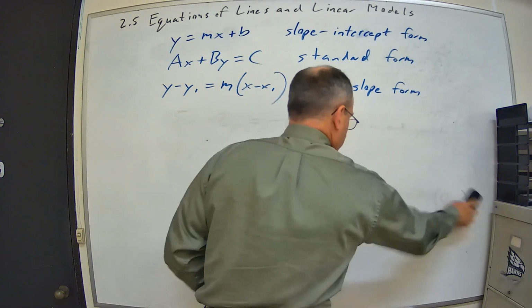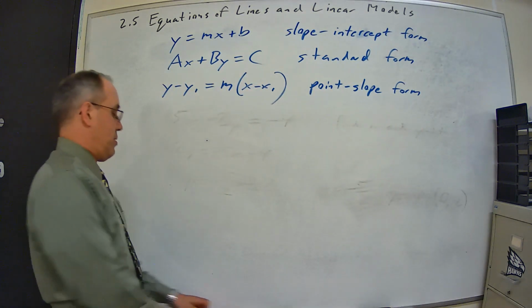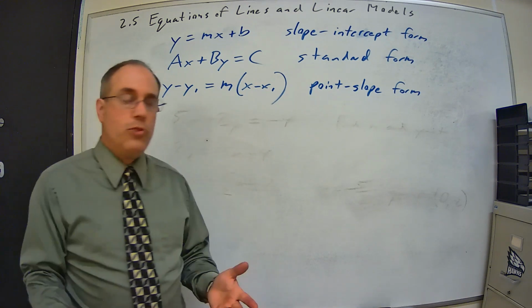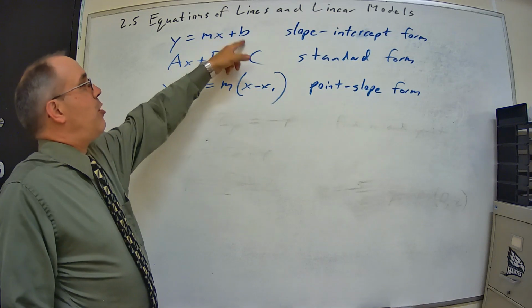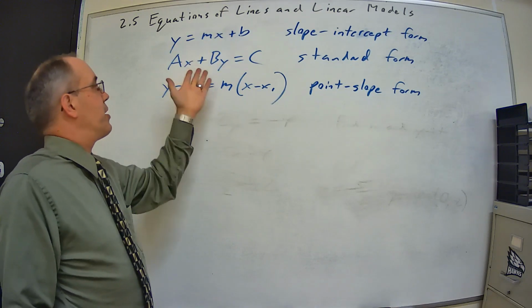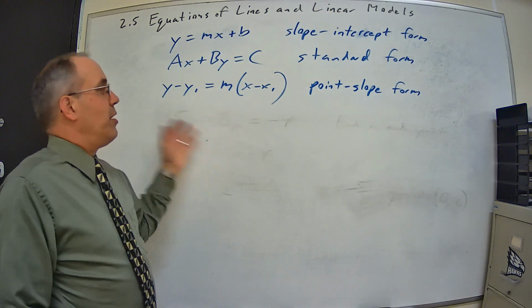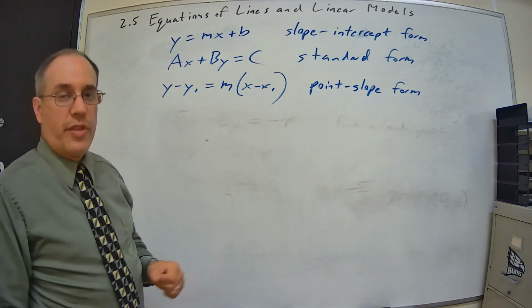Other things we can do by knowing these forms is we can start with 2 points. Because we realize that, obviously if we have the slope and the intercept, we can put it in this form, then we can move it into standard form. If we have a point and a slope, we can put it into this equation, and then we can get it into either of the other forms.